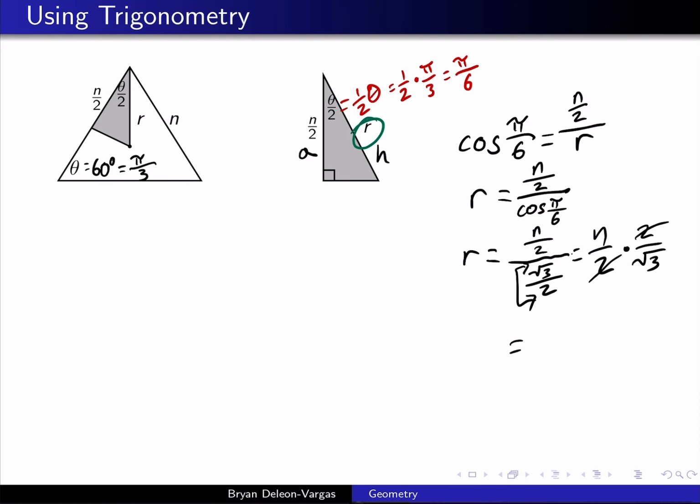That means that we get n over root 3, and then we're going to standardize that. Sorry, I'm going to do n root 3 over 3. All right, so we've solved for r. This is our r value. r is equal to n root 3 over 3. Amazing.